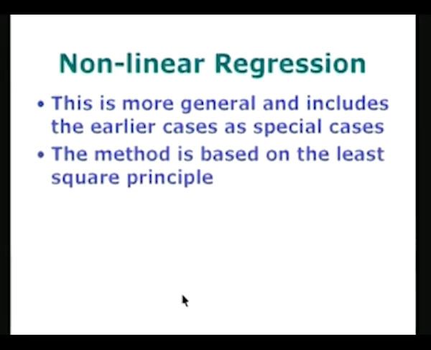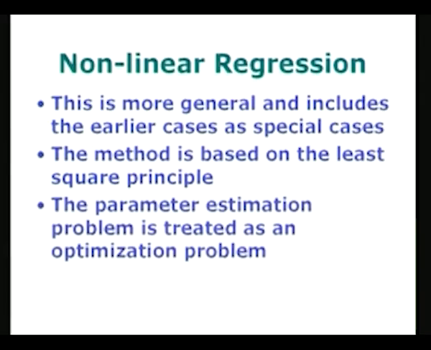The method again is based on the least square principle, and the parameter estimation problem. If you remember, the least square principle gives me the sum of squares of differences between the data values which are given and the values obtained by the regression line or regression curve. That sum of squares must be made smallest.